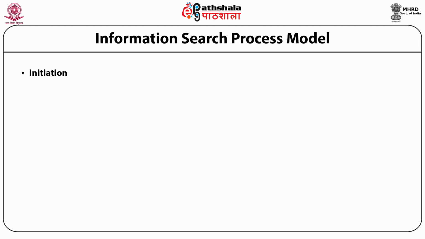The second stage is selection. In this stage, the user starts the search through general approaches and combines his personal interest in the search. After this process, the confidence level increases and he feels that he is closer to his topic and approaches.